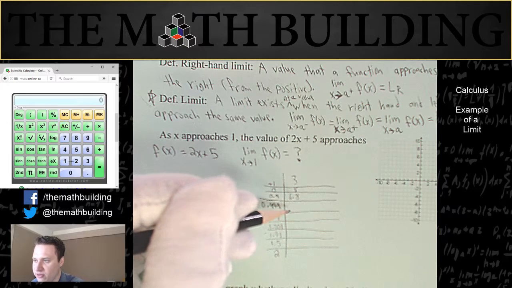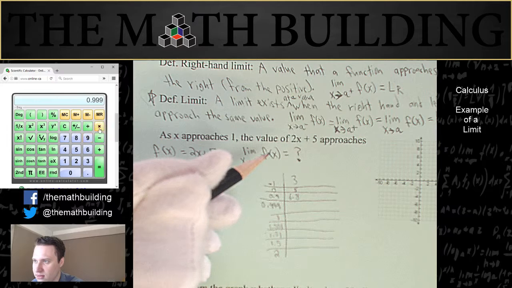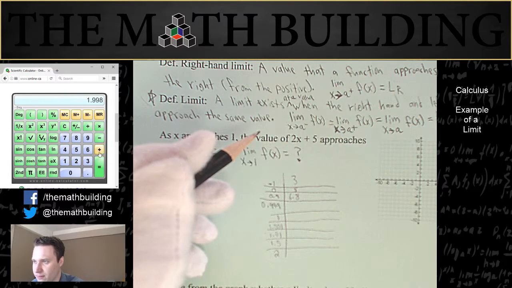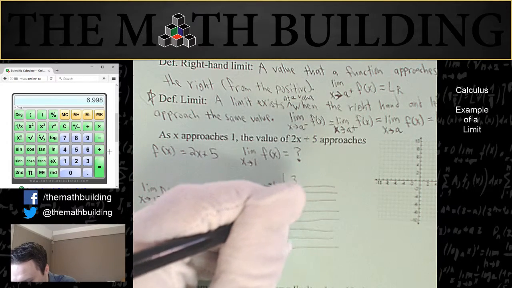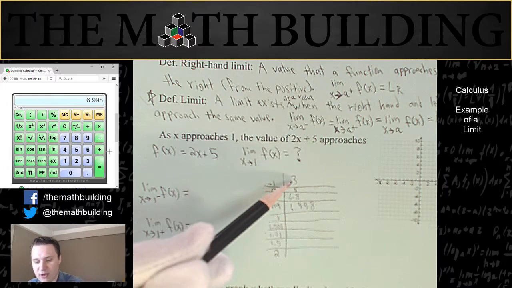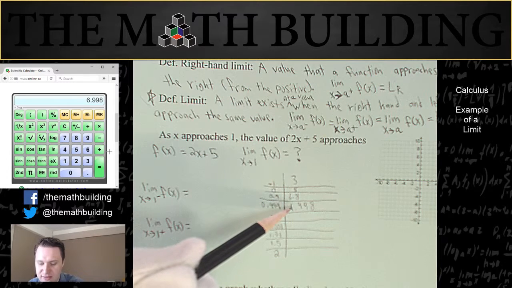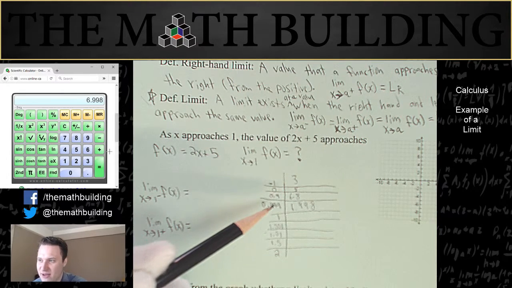Let's try plugging in 0.999. So 0.999 times 2 plus 5 is 6.998. What number does it look like this is approaching? 3, 5, 6.8, 6.998. In fact, let's just do one more.